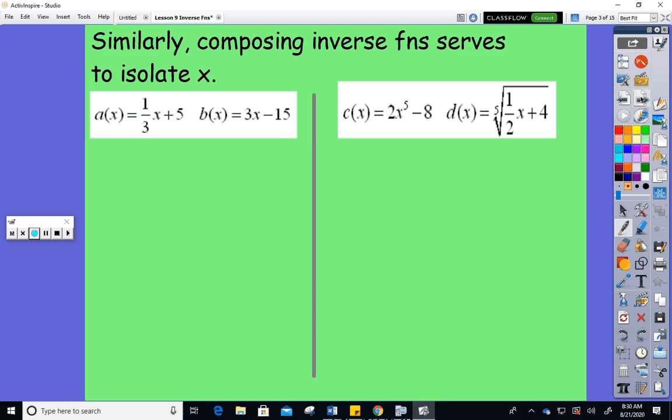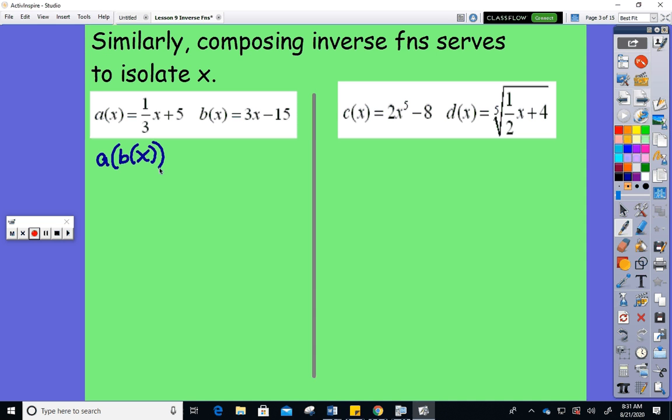Now, I want to show you how 2 functions can be proven to be inverses algebraically. So we compose the 2 functions. So what I need to do is I need to say a of b of x. And when I apply inverse functions to each other, it's going to serve to isolate x.